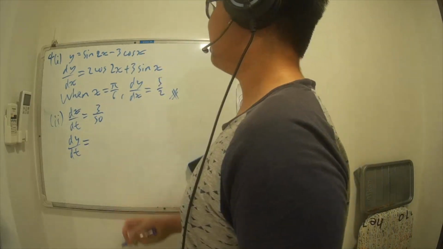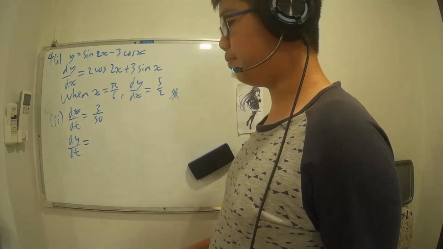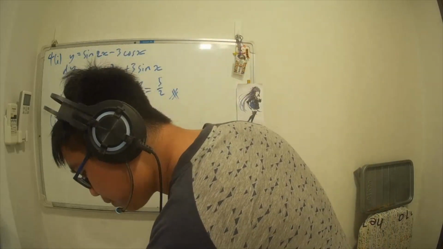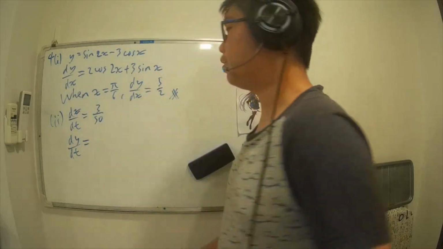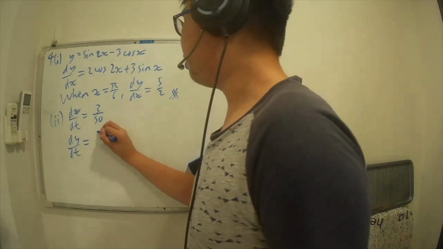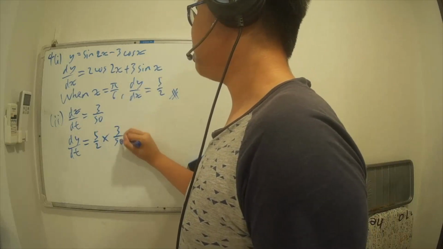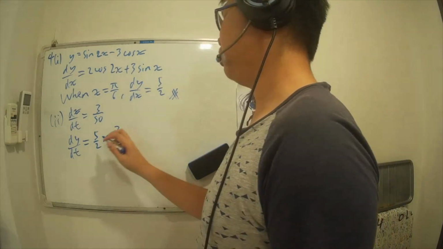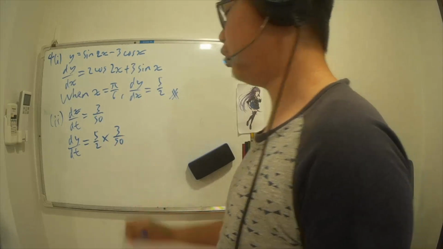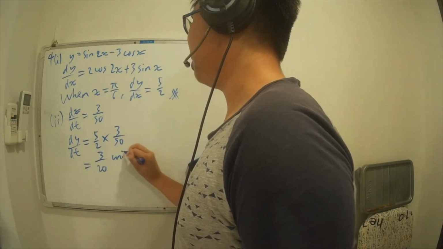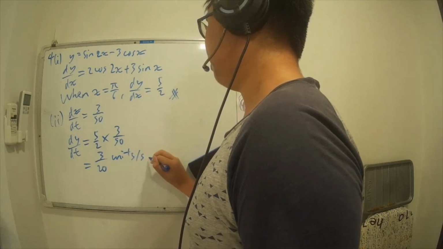The x is still pi over 6, okay? So this is just going to be 5 over 2 times 3 over 50. And this is 3 over 2 times, okay, so this is 1, this is 10, so this is 3 over 20, okay? So 3 over 20 units per second.